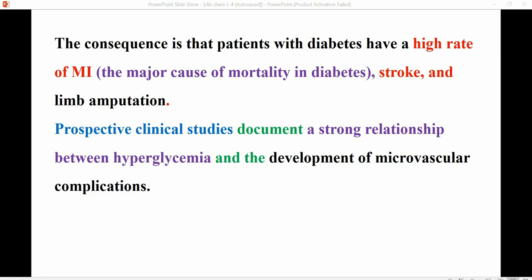Several prospective clinical studies have found a strong relationship between hyperglycemia and the development of microvascular complications. Therefore, it is very important for diabetic patients to have good control of their plasma glucose level by either dietotherapy or medication.